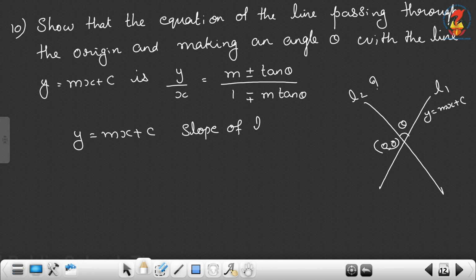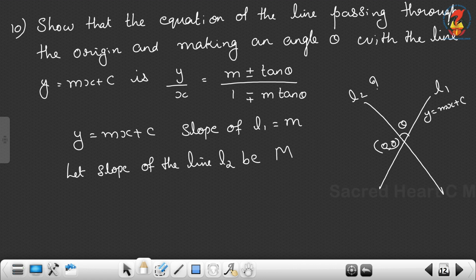Slope of L1 is equal to m. The other slope we don't know; let the slope of the line L2 be capital M.